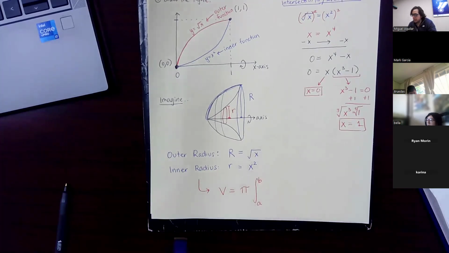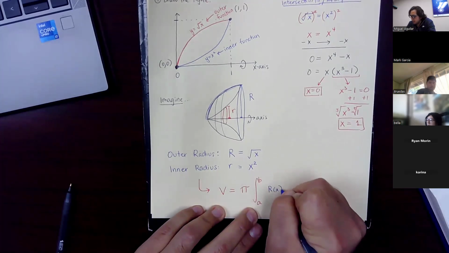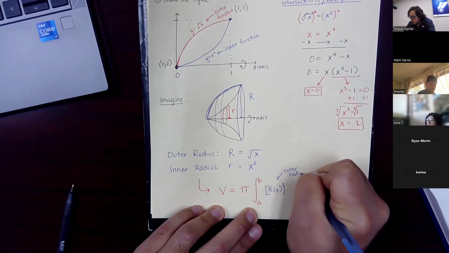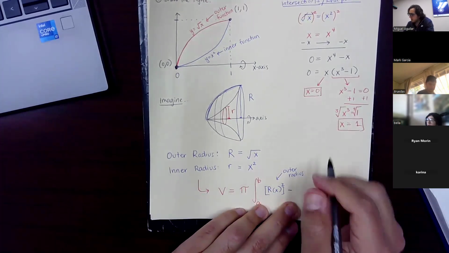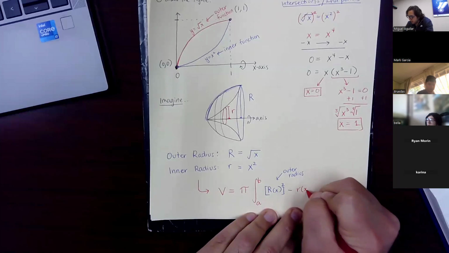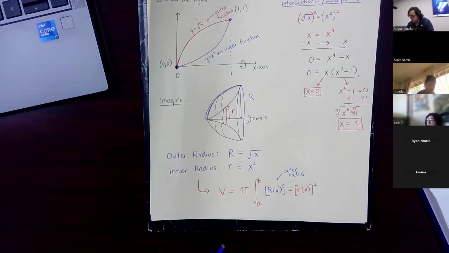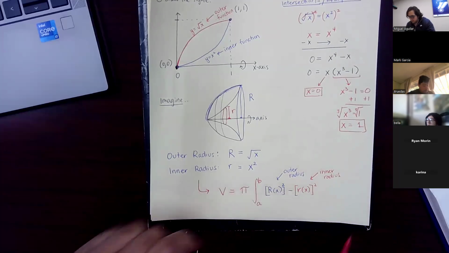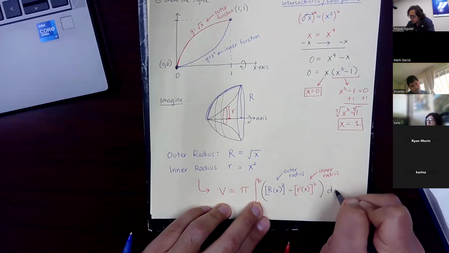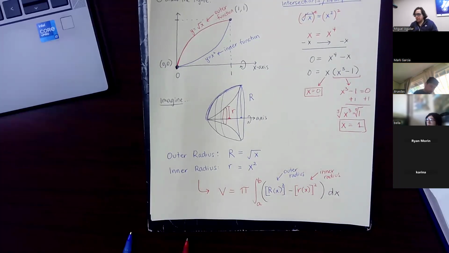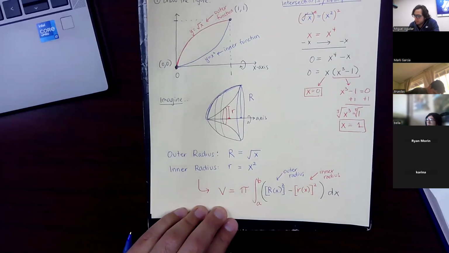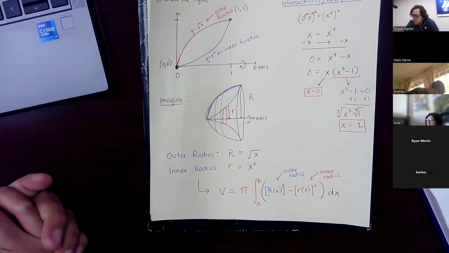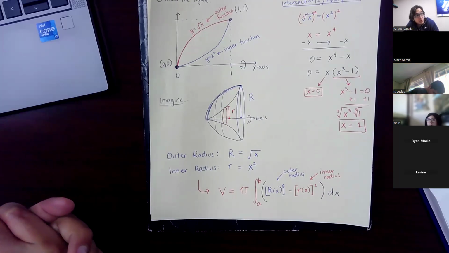And then we needed the R of x squared, that outer radius function, minus the r of x squared for that inner radius, and then all of that dx. Any questions before we start doing the integration part?